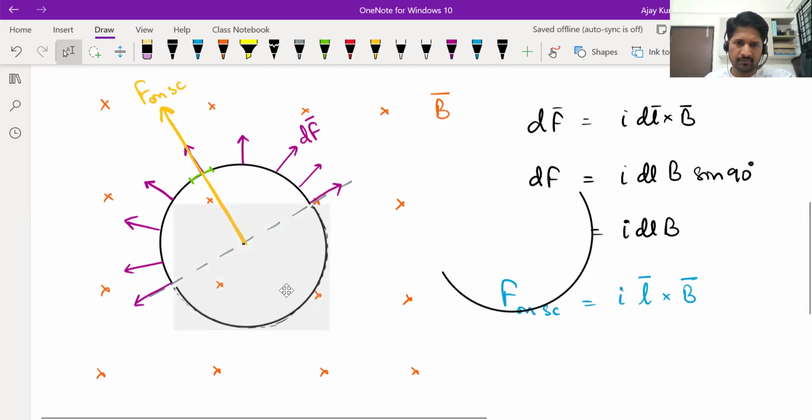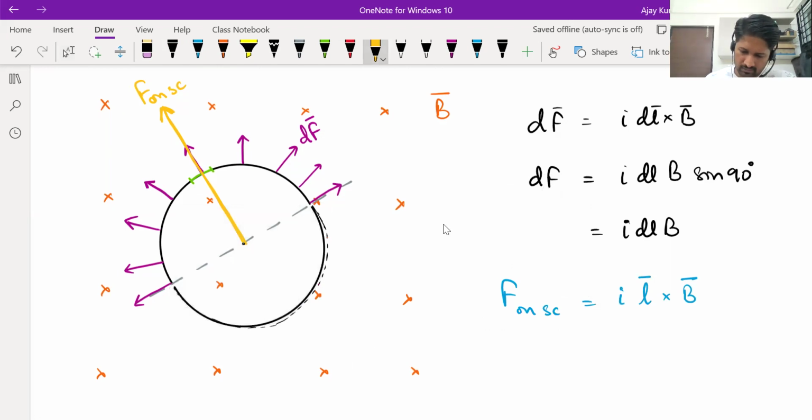On the other semicircle, there will be a magnetic force acting like this. So effectively what this magnetic force on each semicircle does is it tries to separate them. But there is something holding them. Let's mark one point here joining the semicircles and one point here joining the semicircles.